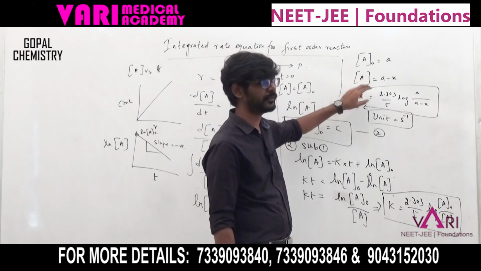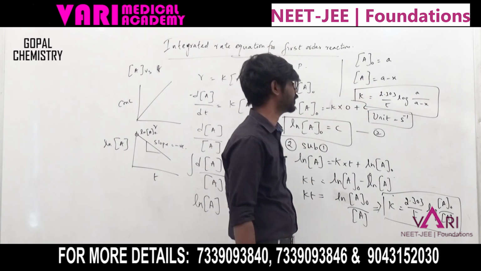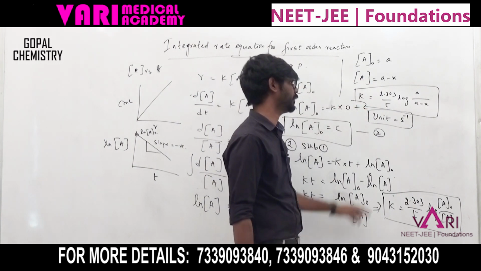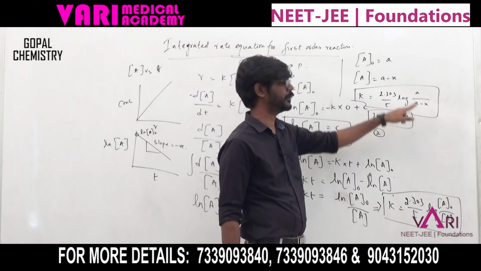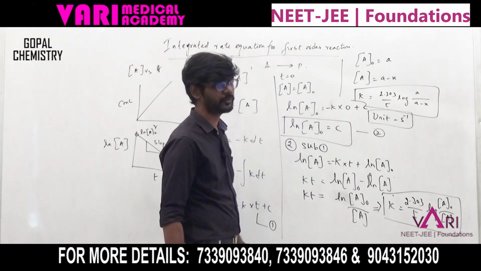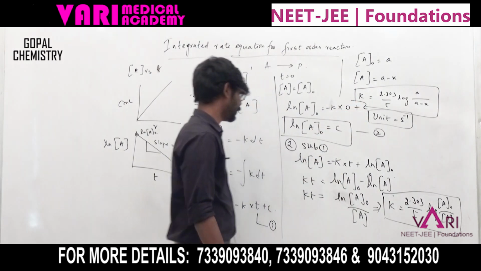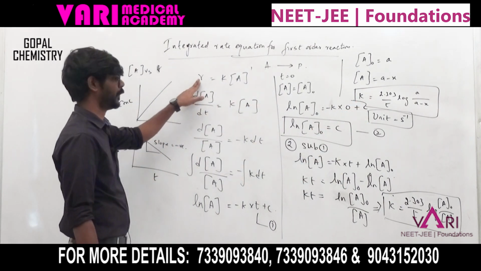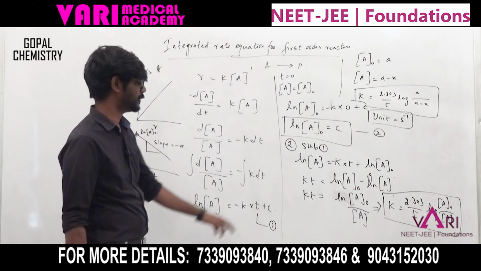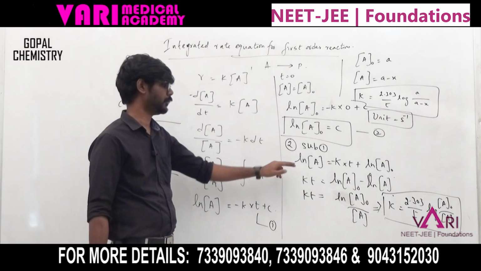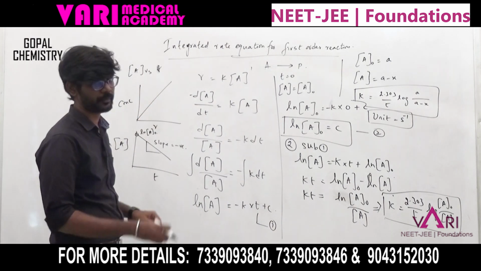So k equals 2.303 divided by t log of a by a minus x. The unit for this rate constant is per second. So for this equation and this natural log equation, we can get two diagrammatic representations.